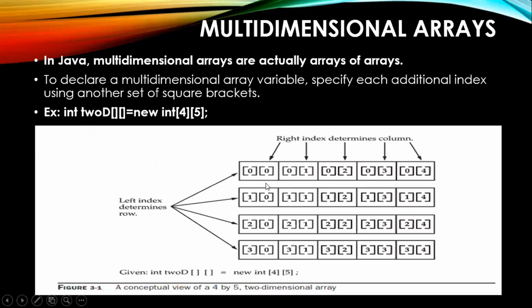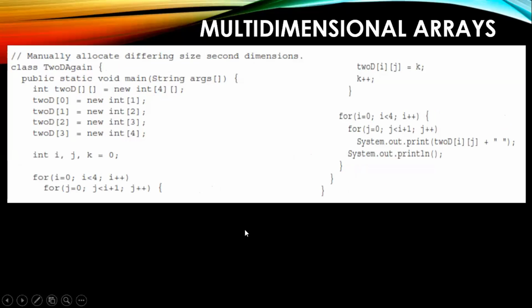That means there should be only one element in this 0 index array. Right? So later, at index 1 of the two-dimensional array, I want only 2 elements. Right? With respect to index 2, I want 3 elements. With respect to index 3, I want 4 elements. This is what we have written here.